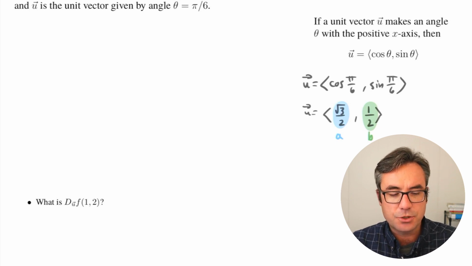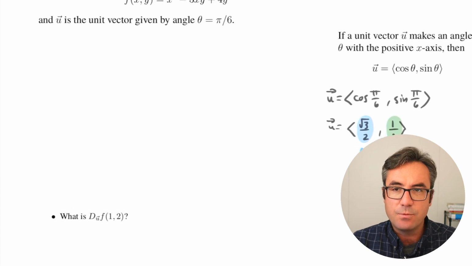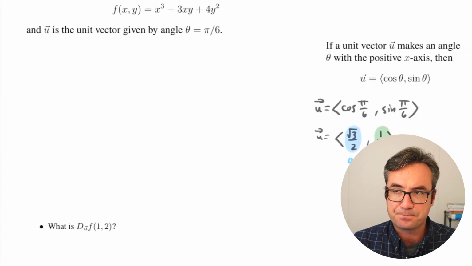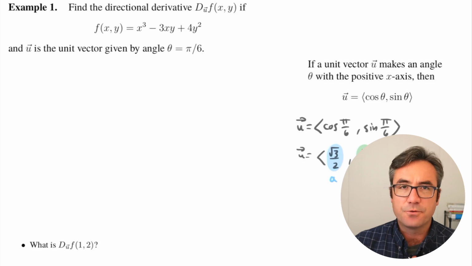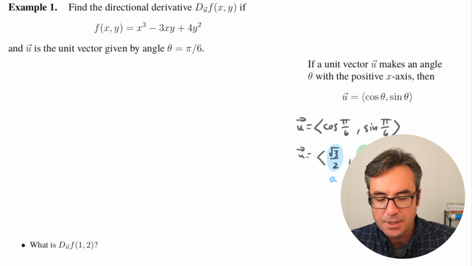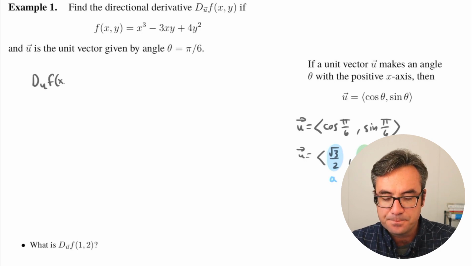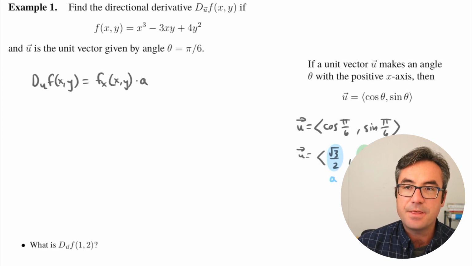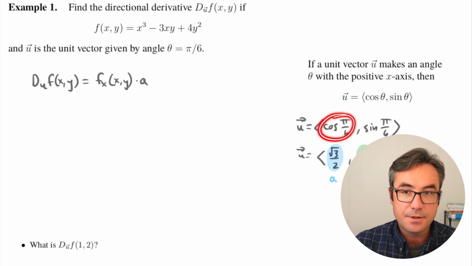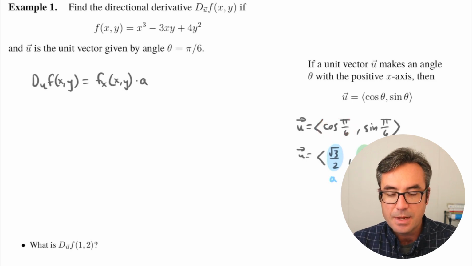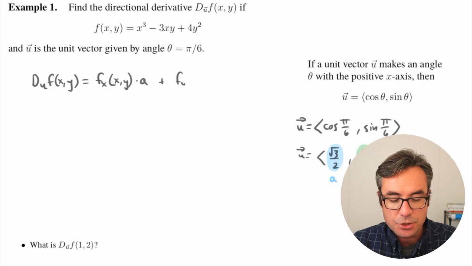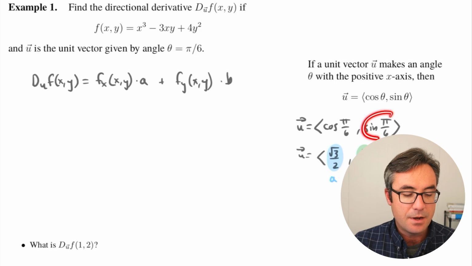All right, so let's calculate our directional derivative, and we'll keep that result in mind. So first, let's just write out the formula. For a directional derivative of a function, we take the x partial derivative of our function, and then we multiply it by the a component of our unit vector. And then we take the y partial derivative of our function and multiply it by the second component of our unit vector.